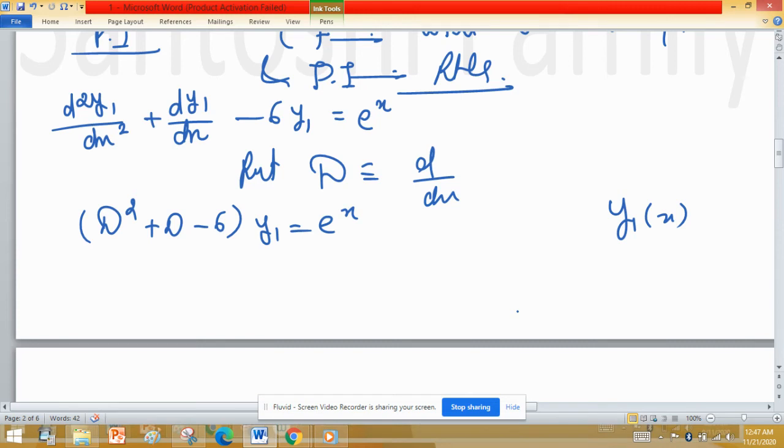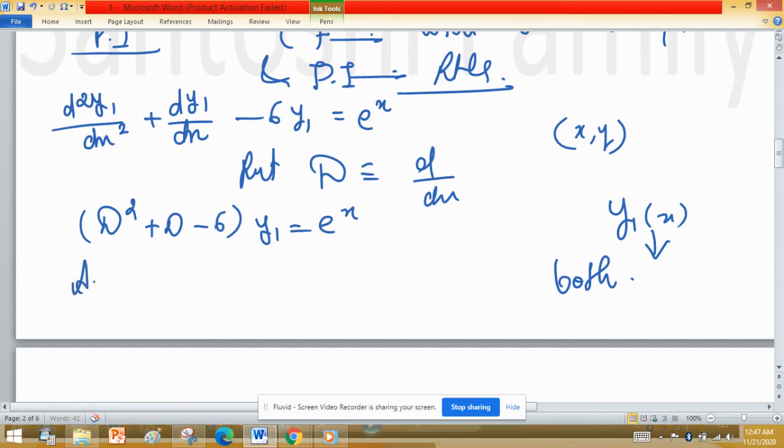So this y1 will be the solution of both differential equations, just as we find the solution of two linear equations in two variables, and that will be the solution of both equations. Similarly, here we can understand.